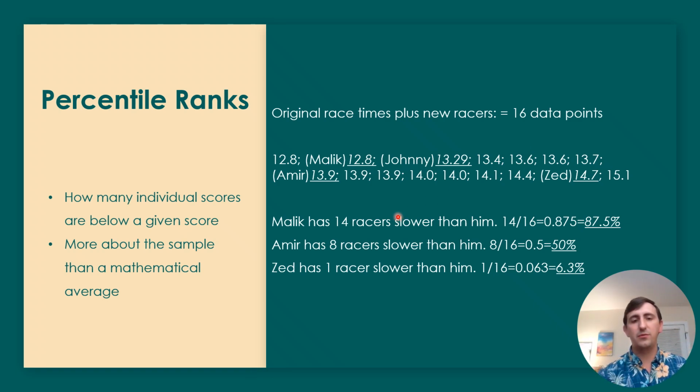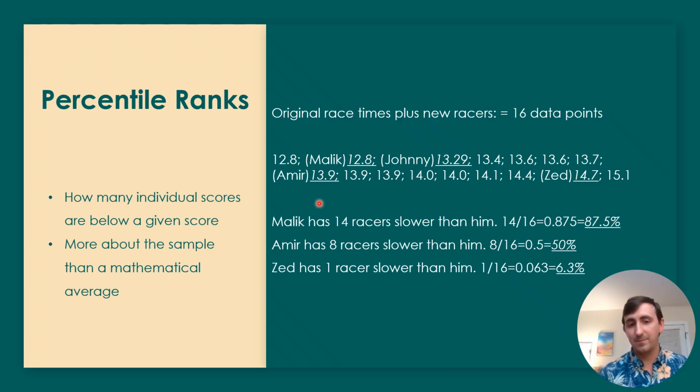So I already went through the process of adding in Malik and Johnny and Amir and Zed to the original list of racers' scores. And now all we have to do to get a percentile rank is look at that person's score and count how many people scored beneath that.